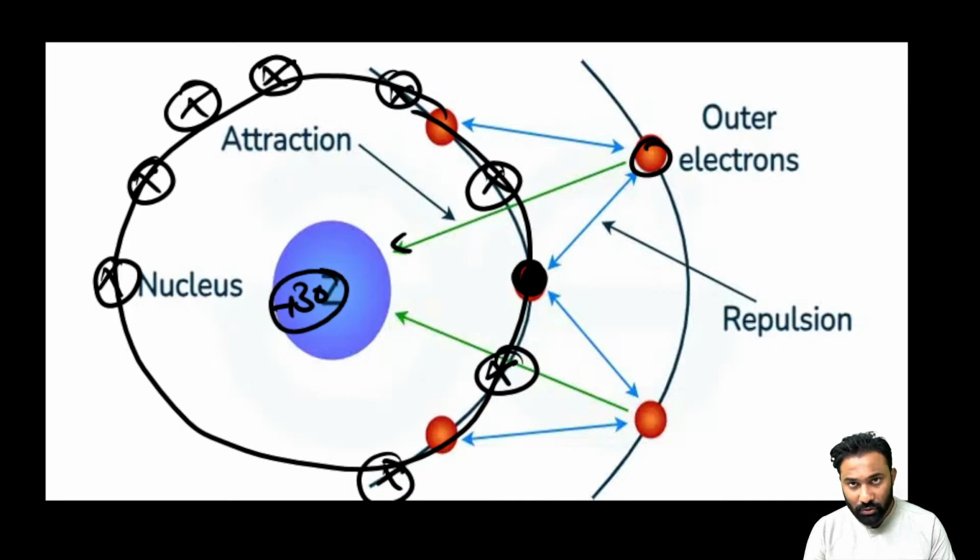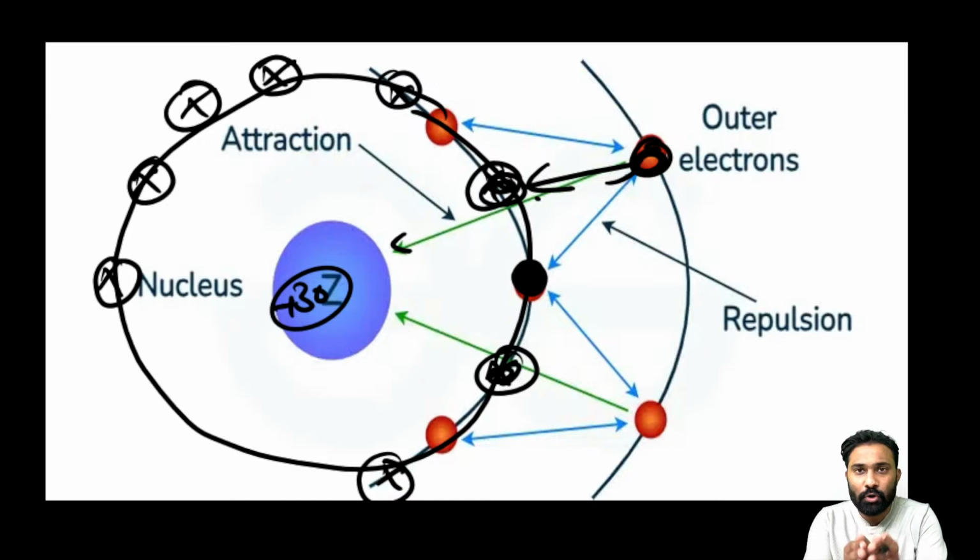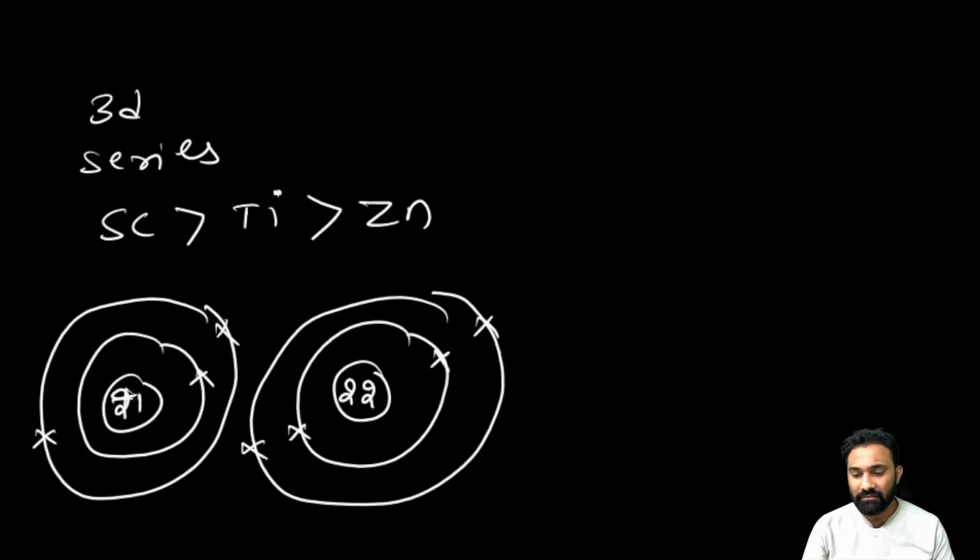With more nuclear charge, the outer electron wants to be attracted toward the nucleus, but the inner electrons are very near. Due to that inner electron repulsion, the outer electrons are repelled very strongly. Due to that repulsion, the size will increase, right? Both will move away from each other, which means the orbit size will increase. That's the reason zinc has a higher size than we expected.